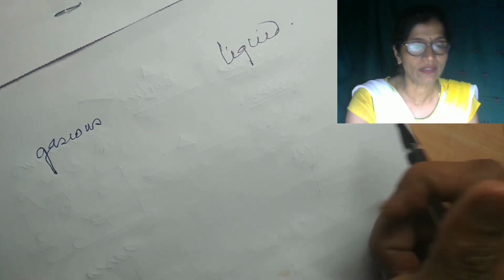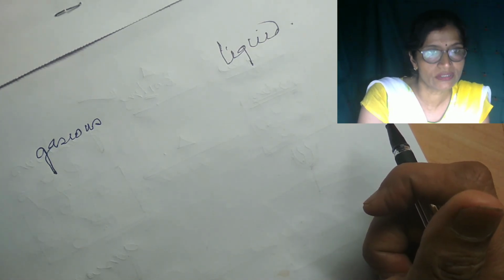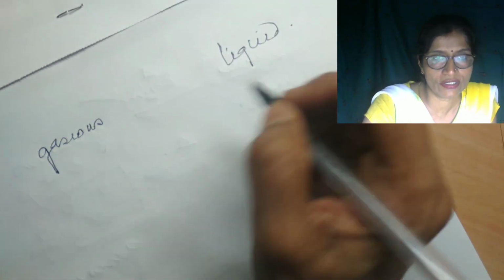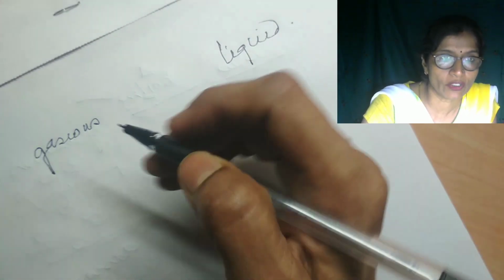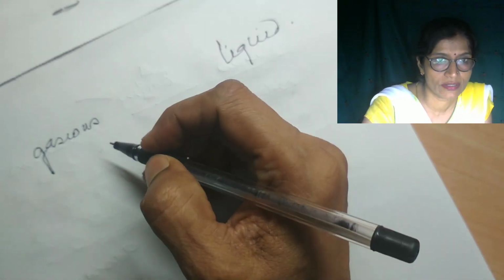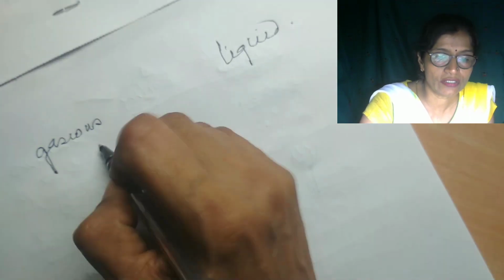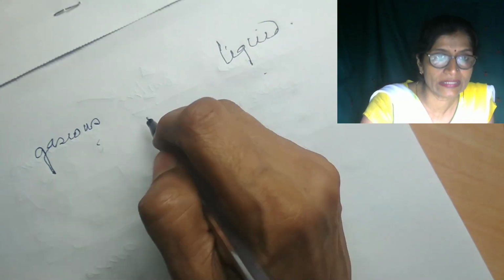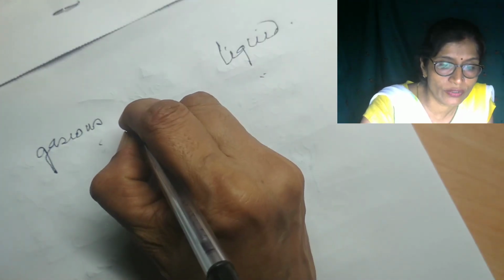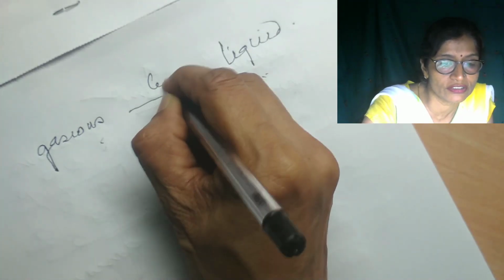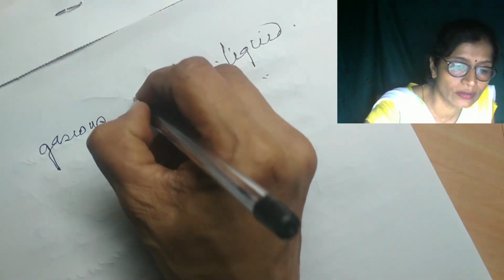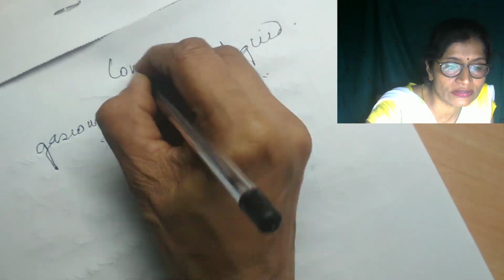But this will happen when the temperature decreases. So what is condensation or liquefaction? The process in which the substance changes from its gaseous state to the liquid state at a particular temperature with the release of heat energy, on cooling, is known as condensation.